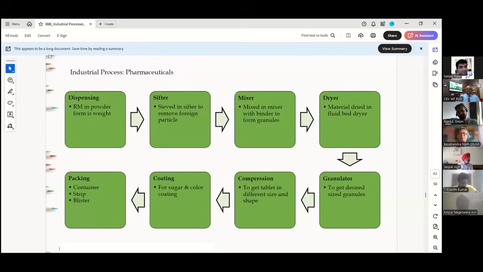Okay. So we are discussing the industrial process. In the last session, we discussed the plant layout and some of the industrial processes. From the exam point of view, this is one more important chapter, containing 6 marks.